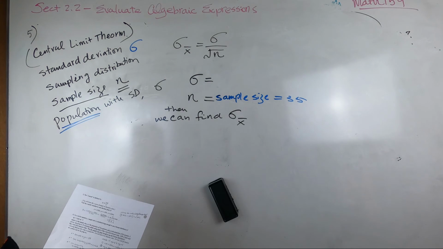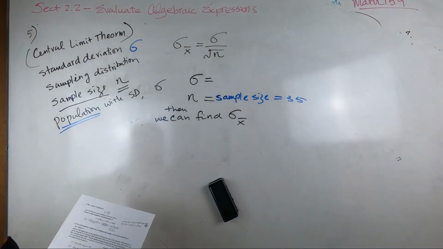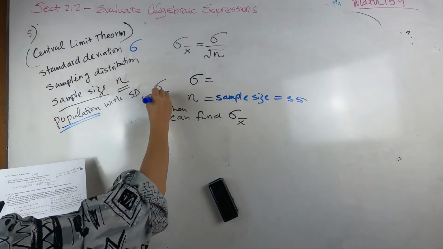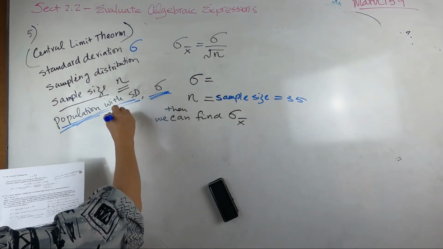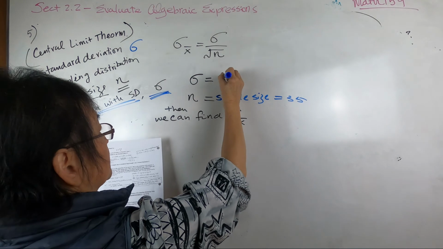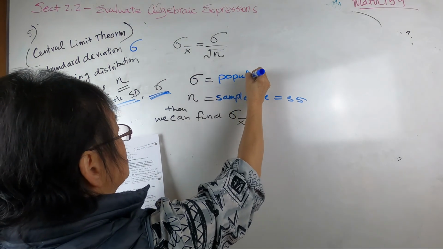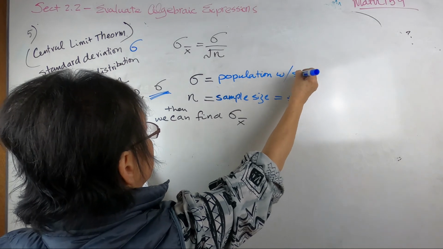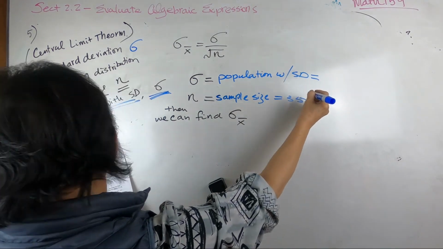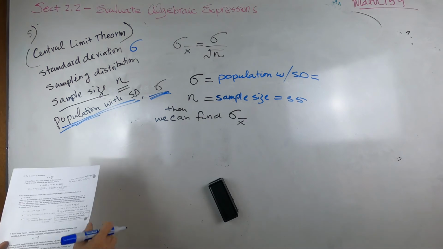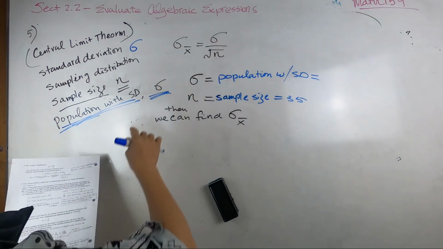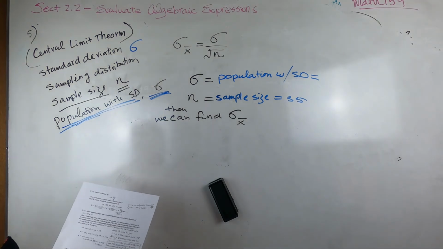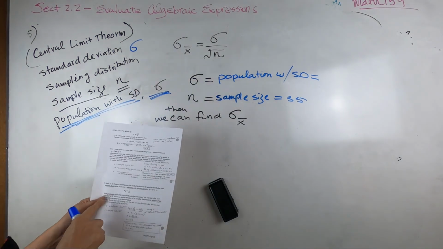Okay, but you say, on your second line, population with standard deviation sigma. So sigma means what? Population standard deviation. It's given, right? For this one, take a look after the formula on your paper.